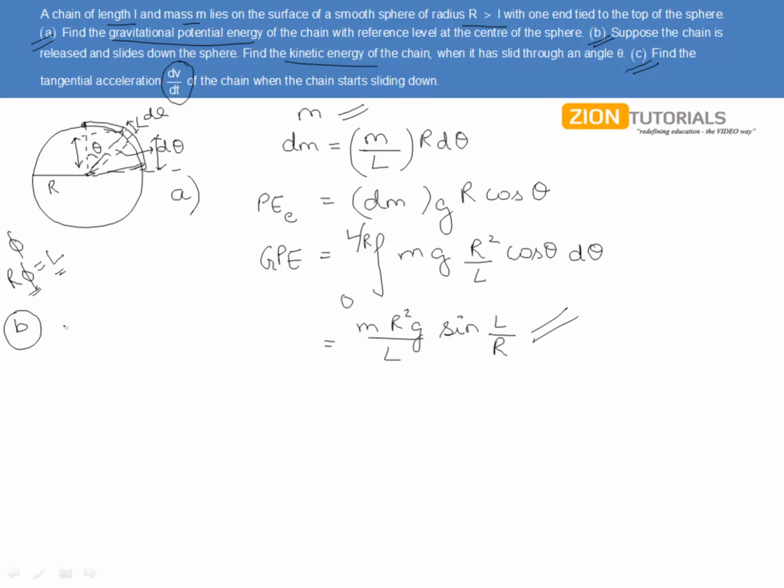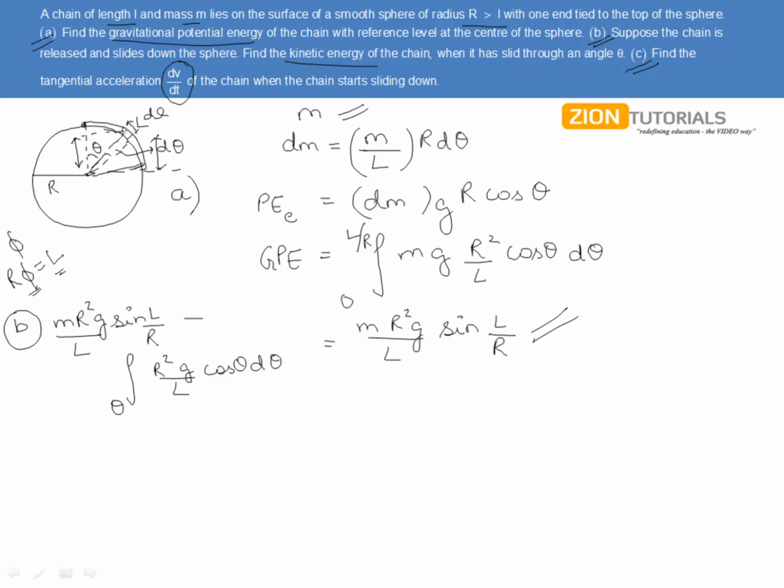So we can write it as m r square g by L sine L by r minus, this is the initial potential energy, that is the total one, minus r square g by L cos theta d theta. Now this will be from theta, because it has slipped from the angle theta.